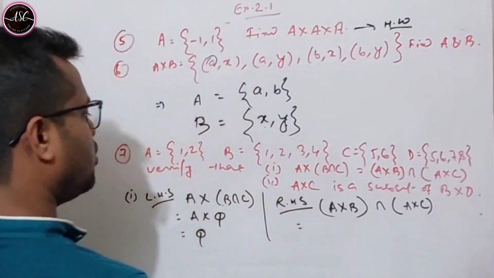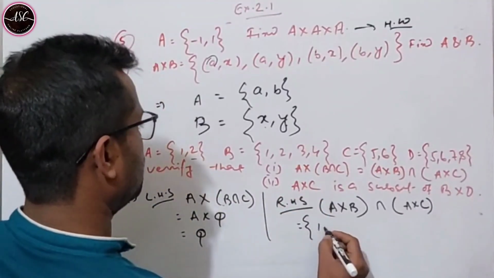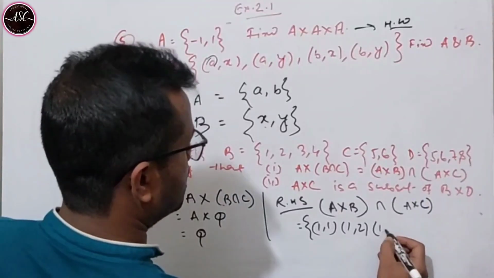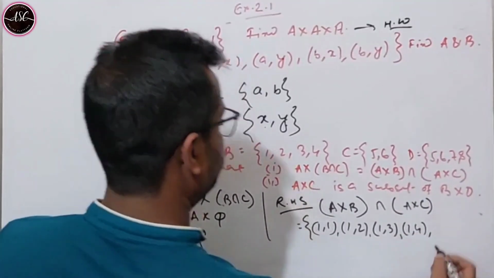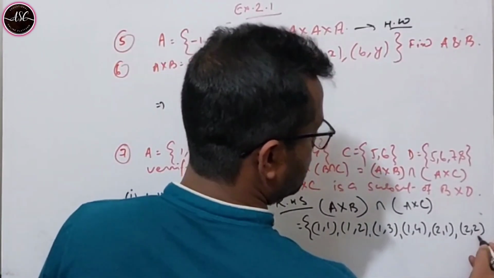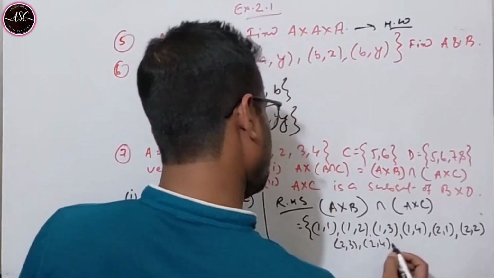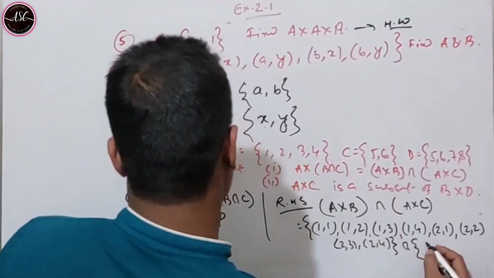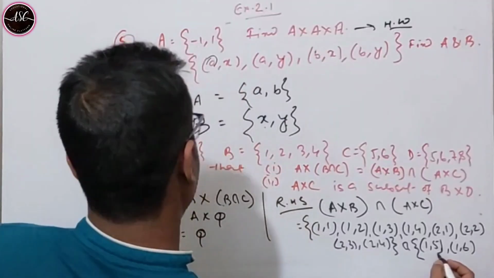A cross B is (1,1), (1,2), (1,3), (1,4). Then (2,1), (2,2), (2,3), and (2,4). Then the intersection with A cross C, which is (1,5), (1,6), (2,5), (2,6).